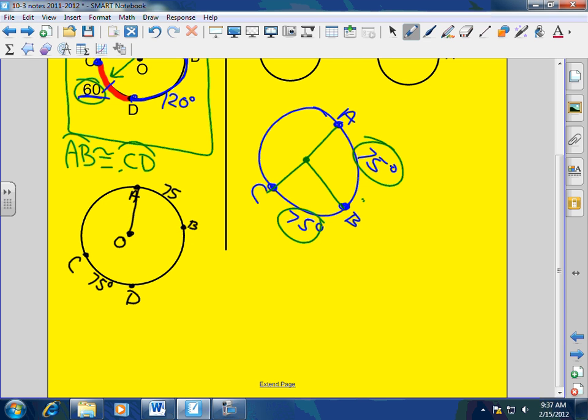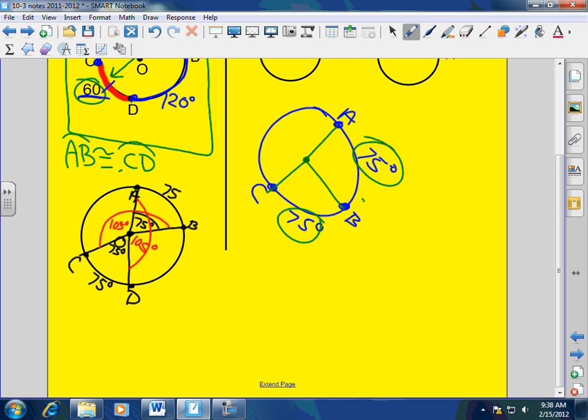If that arc is 75, that means that the arc angle is 75. Then supplementary angles must equal 180. So there is absolutely no choice but for that to be 105. Then you have vertical angles are congruent, or again, that's a supplementary angle, so that must be 105.